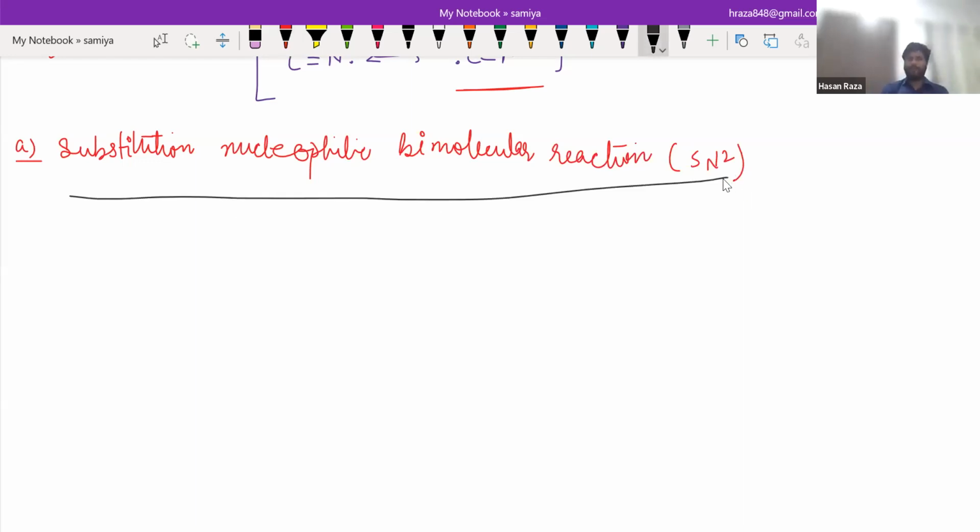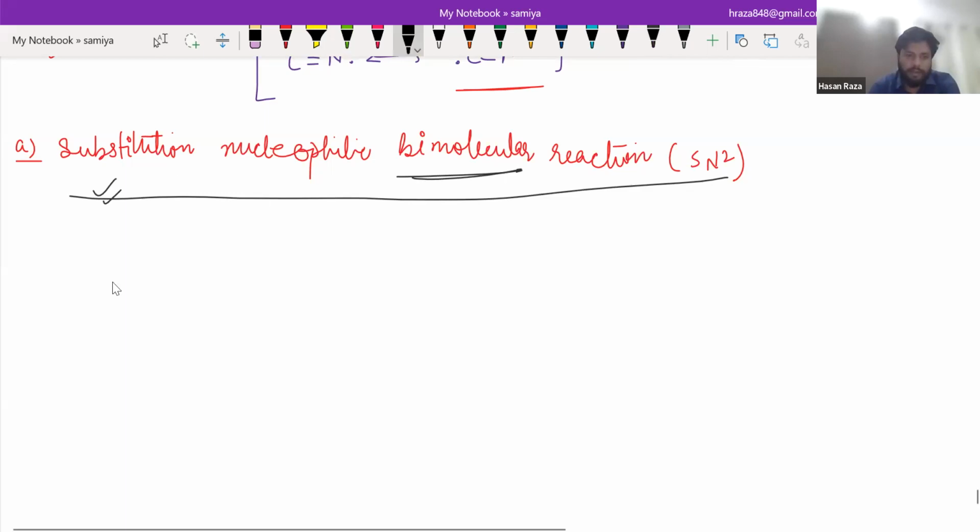So what is bimolecular and unimolecular? We will learn about this in chemical kinetics, where we will study molecularity: unimolecular, bimolecular, and termolecular. In short, unimolecular means only one reacting species, and bimolecular means two reacting species. Now we are going to talk about this substitution nucleophilic bimolecular reaction, which is very important.